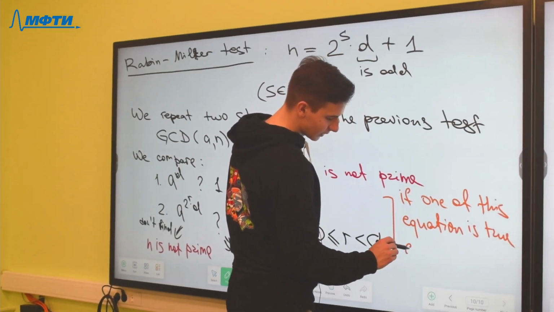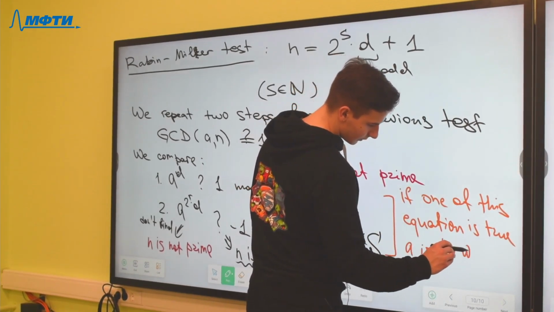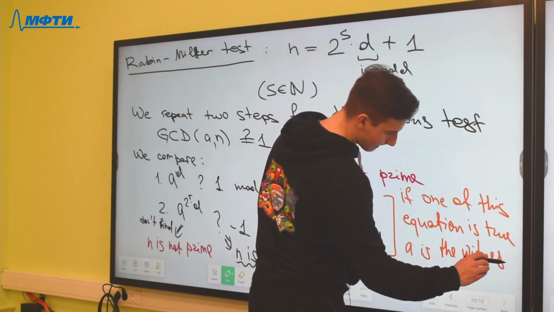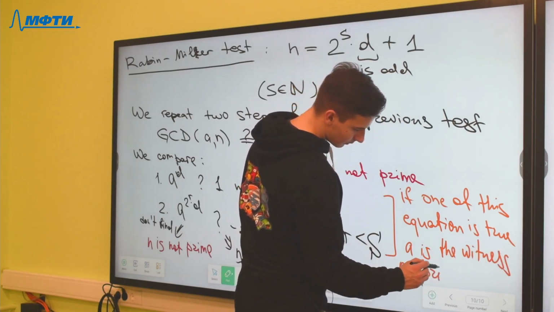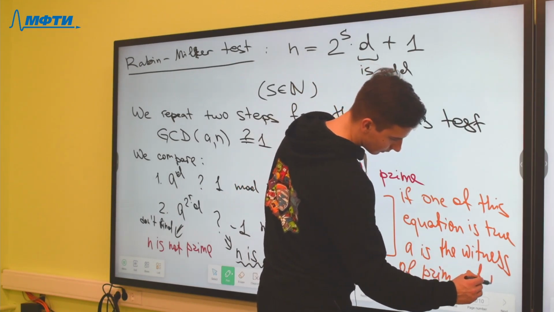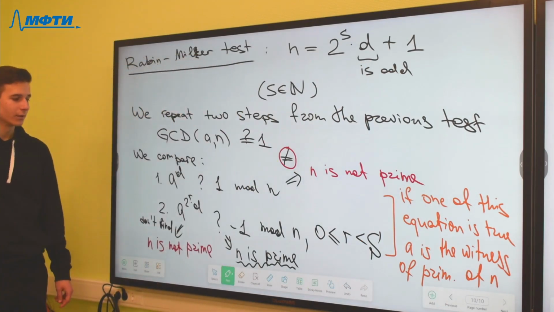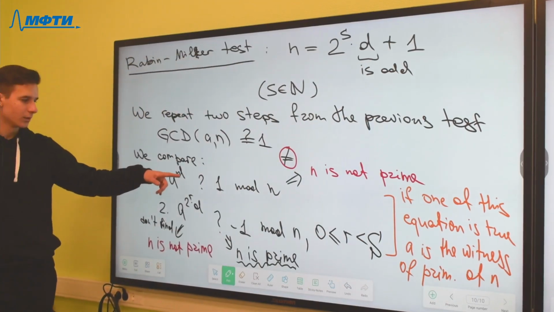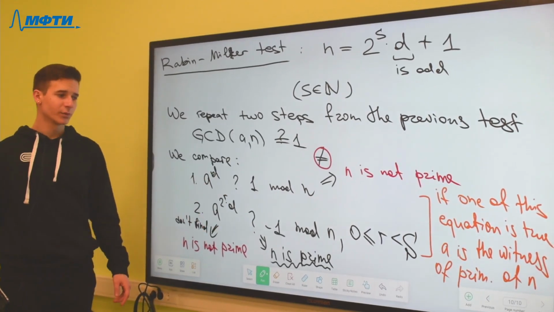We say that a is the witness of primality of n. Or if all of them are not equal, it is a witness of compositeness of n.